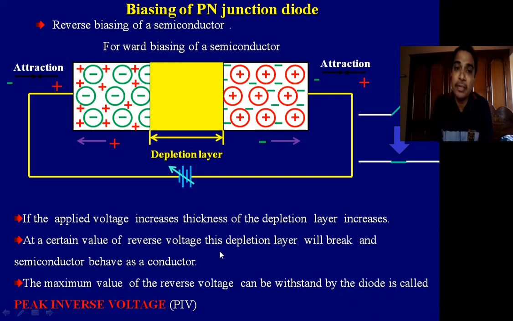Peak inverse voltage means the safe point: you should not go to the breakdown level, you keep below it. This is the negative voltage.